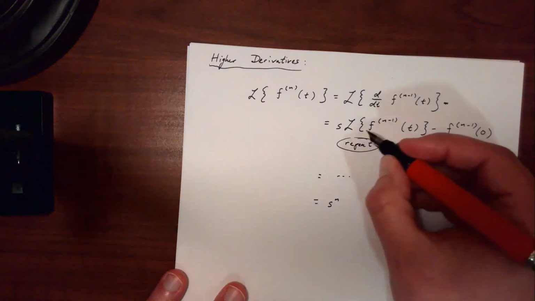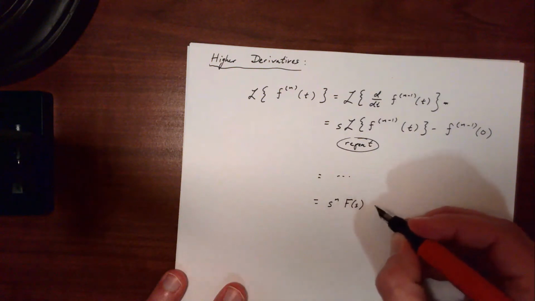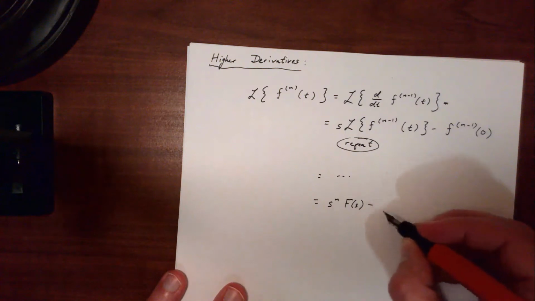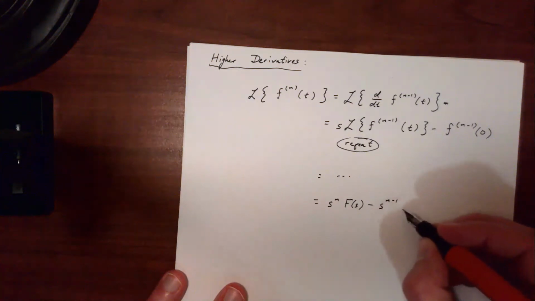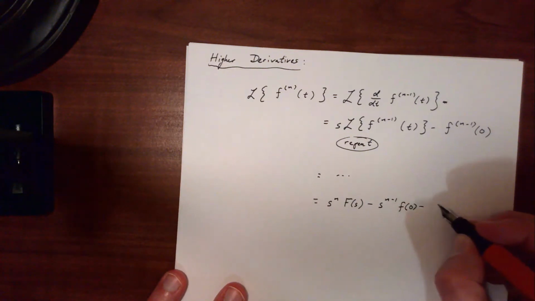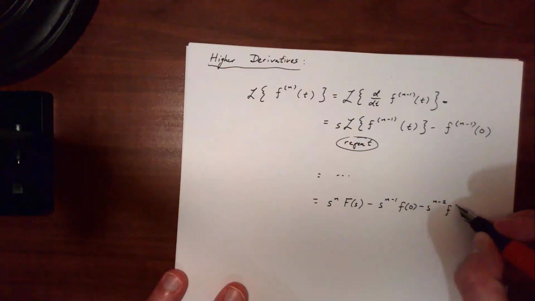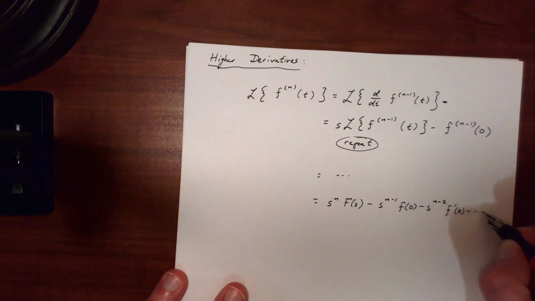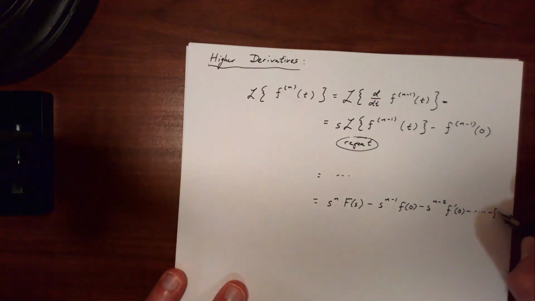Basically, one s will be popping out for every derivative we take, times F of s, minus the next power down on the s times f of 0, minus, now it's going to be s^(n-2) times f prime of 0, minus dot dot dot, until we eventually run out of s's and we get down to the ultimate derivative in this writing, f^(n-1) of 0.